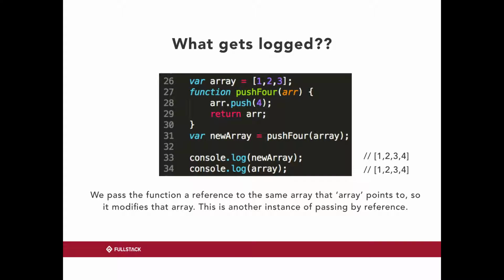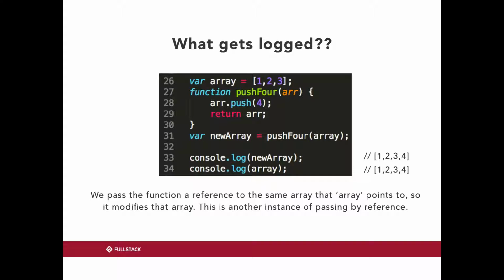I'm passing this array, which is a what? It's an object, right? So what are we doing? Passing by reference. Great. And when we pass by reference, we're saying, okay, we're pushing 4 onto it.